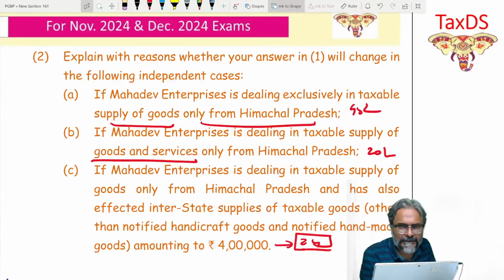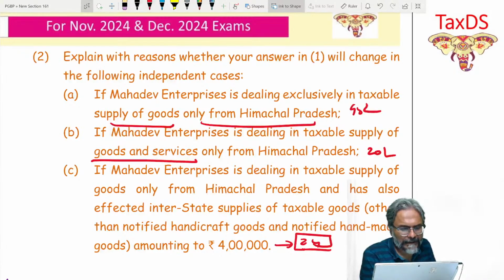Please tell me. So far as goods and services are concerned, indeed. I told you already the higher limit of 40 lakhs will not be available if you are engaged in supply of both goods and services. Therefore, the limit would be restricted to 20 lakhs.